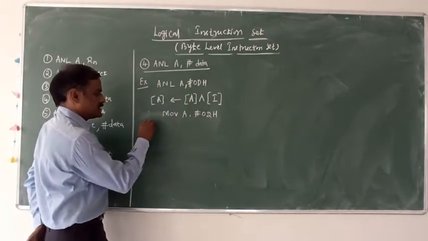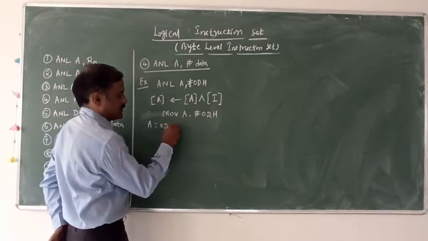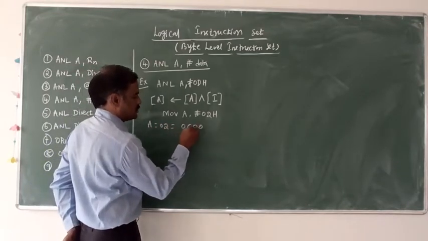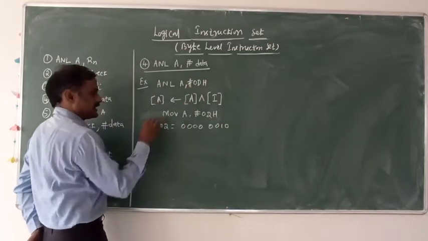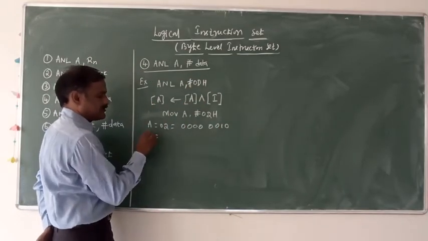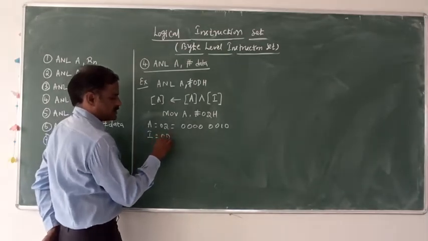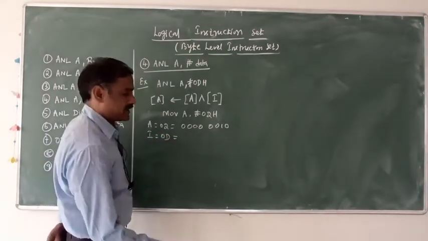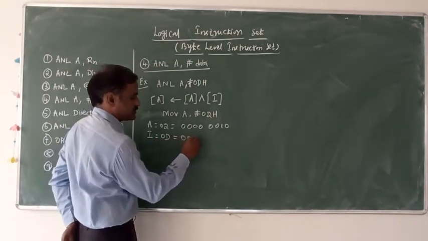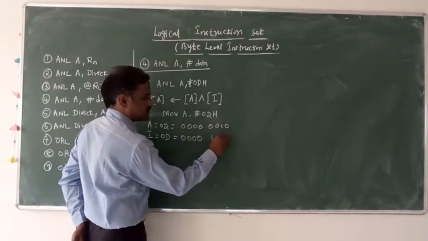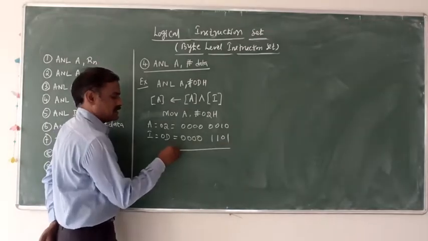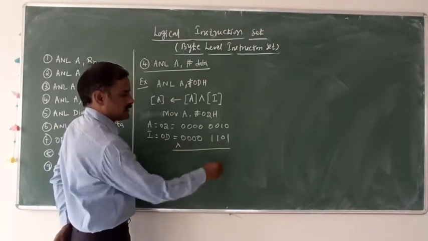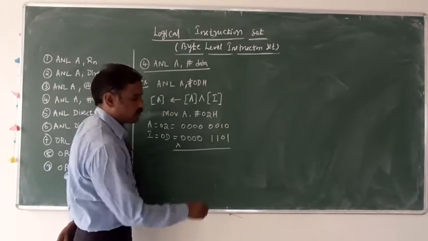Now register A equals 02, which is 0000 0010. Next the immediately given data 0D. 0D means 13, which is 0000 1101. This is 13 in hexadecimal, and we logically AND. If any one of the inputs is low, output is low.